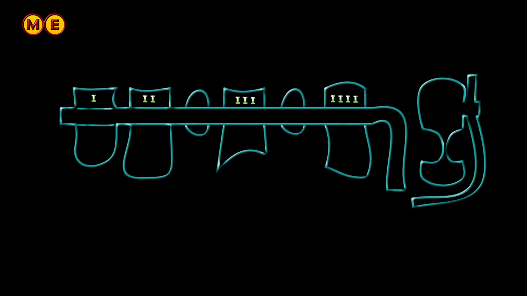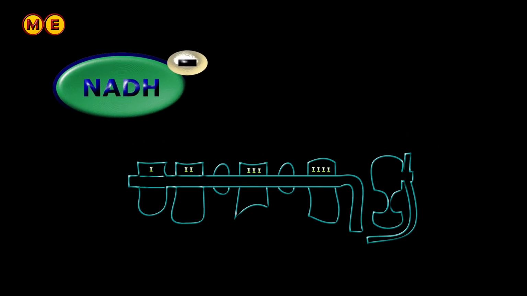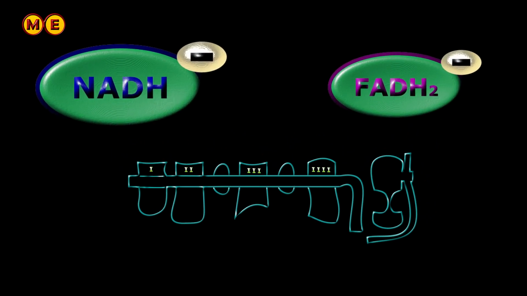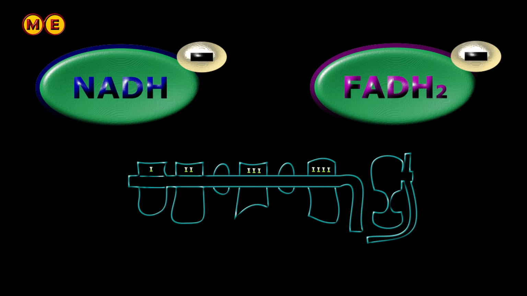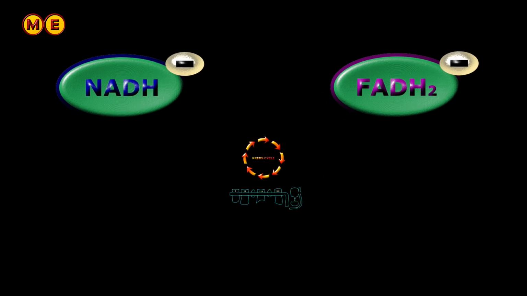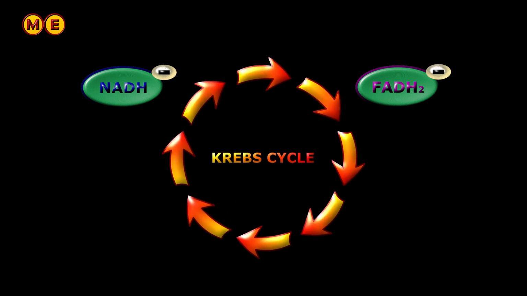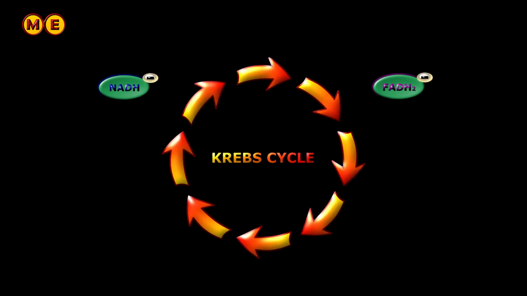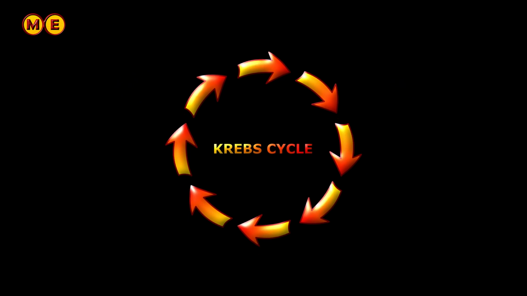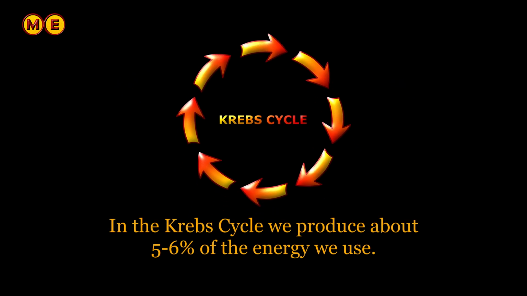This electron transport chain uses negatively charged molecules called NADH and FADH. Most of those molecules are derived from another cycle of processes that precedes the electron transport chain, and it's called the Krebs cycle. In this cycle we produce about 5 to 6% of the energy we use.